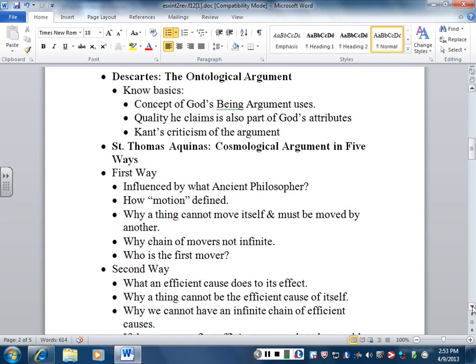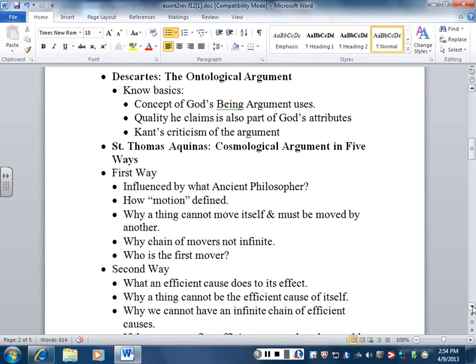The way they used to say it when I was in grad school, God is the sum of all perfections, or perfect qualities, right? God incorporates all perfect qualities.